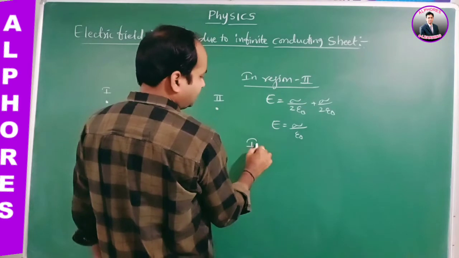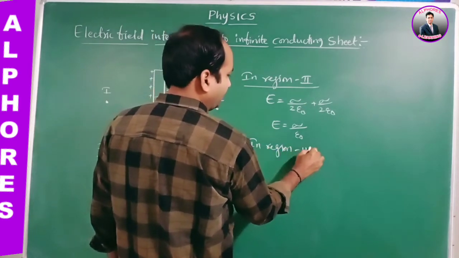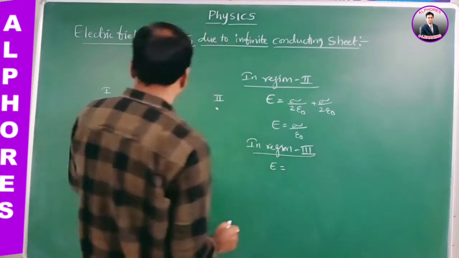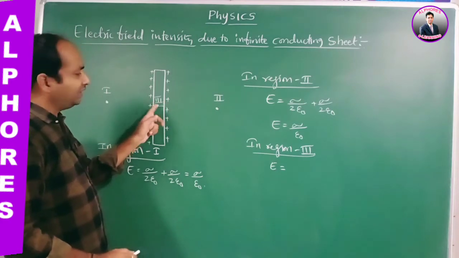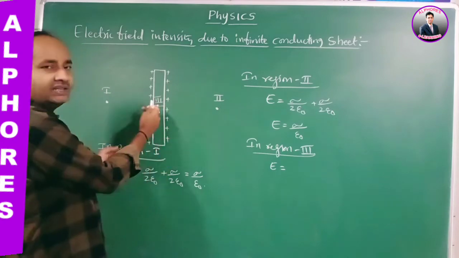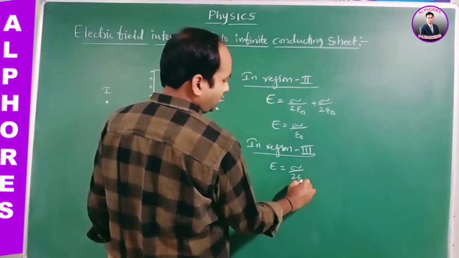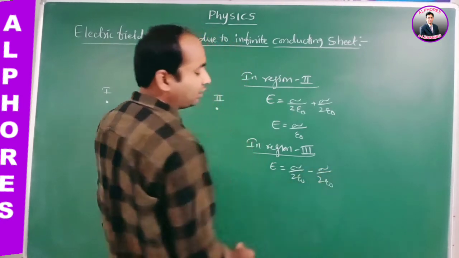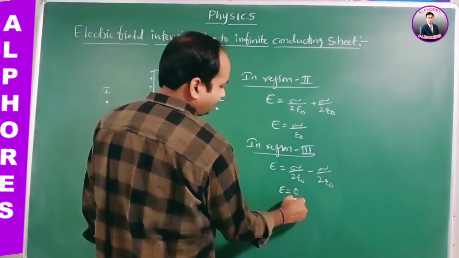In region 3, E is equal to, due to the first side, radially outwards and into the plane. The second one is also positive charge and inside. E is equal to, in opposite direction, sigma by 2 epsilon naught minus sigma by 2 epsilon naught, equal and opposite. The electric field intensity is 0.